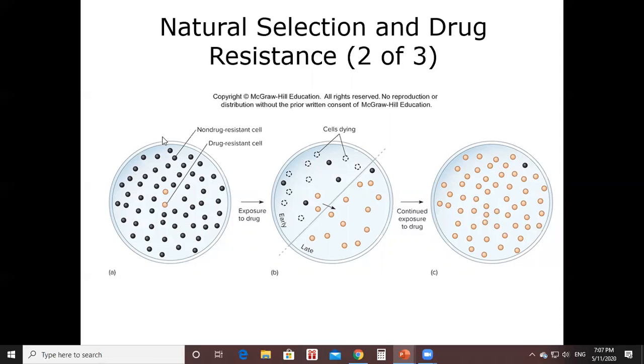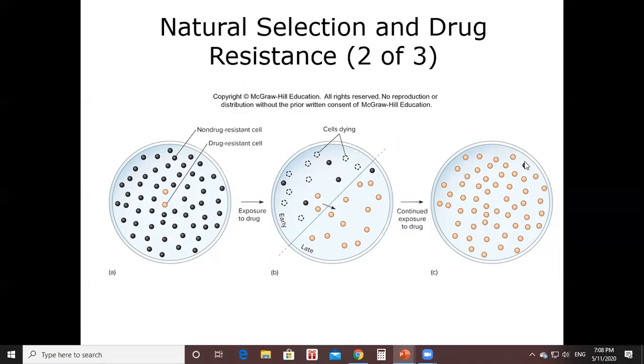But when these bacteria are gone, so these bacteria are dying with the antibiotic, then these two start producing more because now there's not as much competition. So they start producing more. And so if you continue exposing these bacteria to drugs that these are sensitive to, then they continue killing these off.